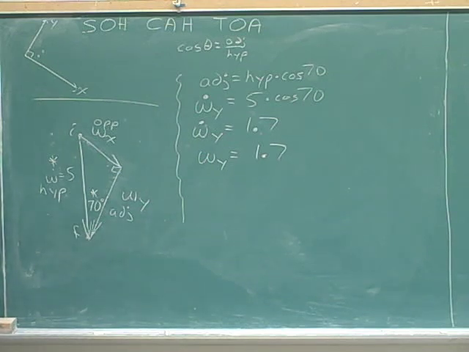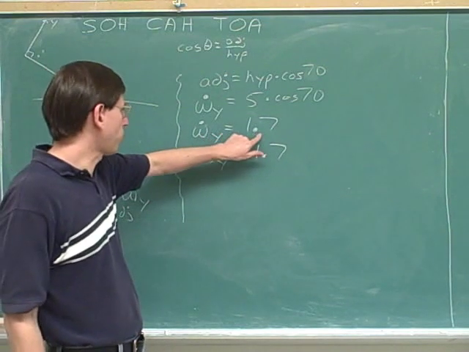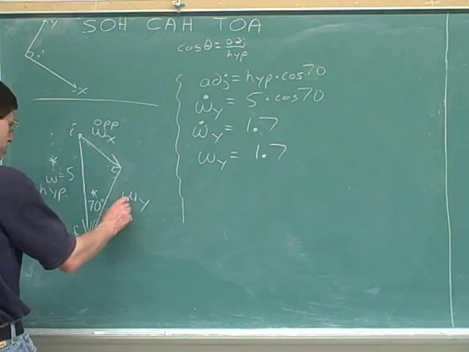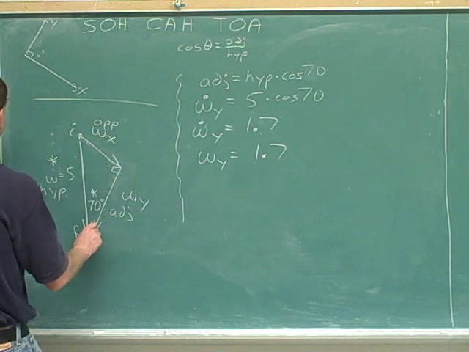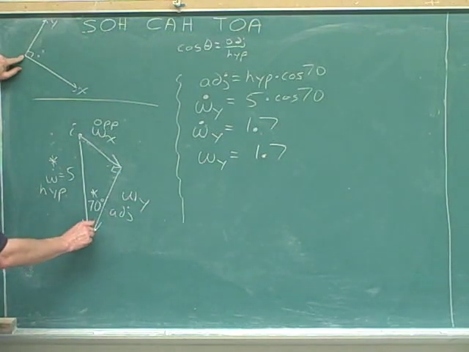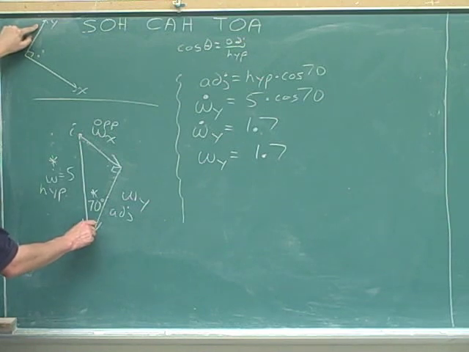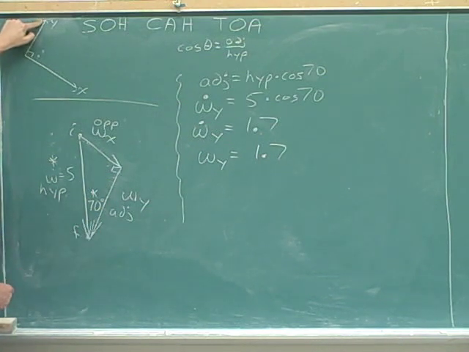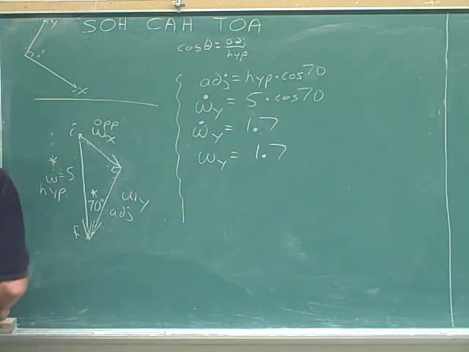All right, so now we need to put in our sign again. We know that the magnitude of w sub y is 1.7. So what's the sign? Well, we can see that w sub y here is pointing in the negative y direction. Notice how we've chosen up and to the right as the positive direction.